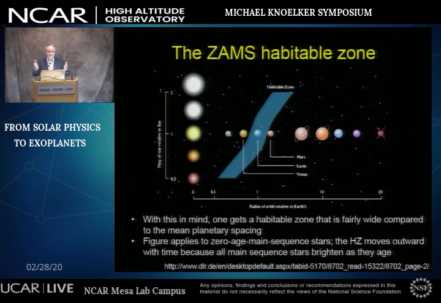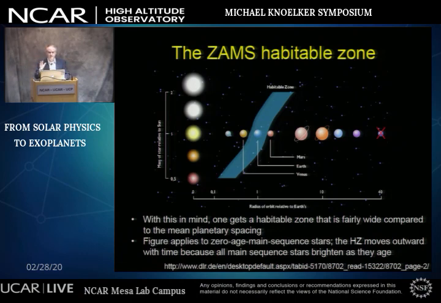I mean, that's crazy, right? Because that's a 2% decrease in solar flux. The solar flux on Earth was 30% lower early in the Earth's history. So that just doesn't cut the mustard. So because of that feedback, the habitable zone is fairly wide. It's comparable in width to the planetary mean spacing, shown on a log scale here, right?